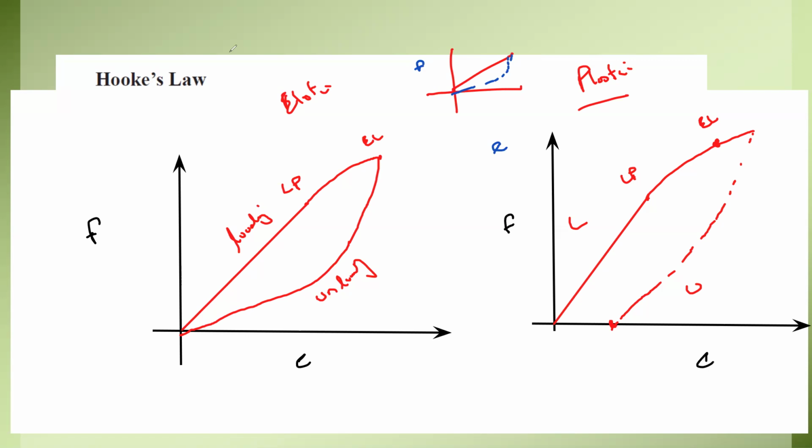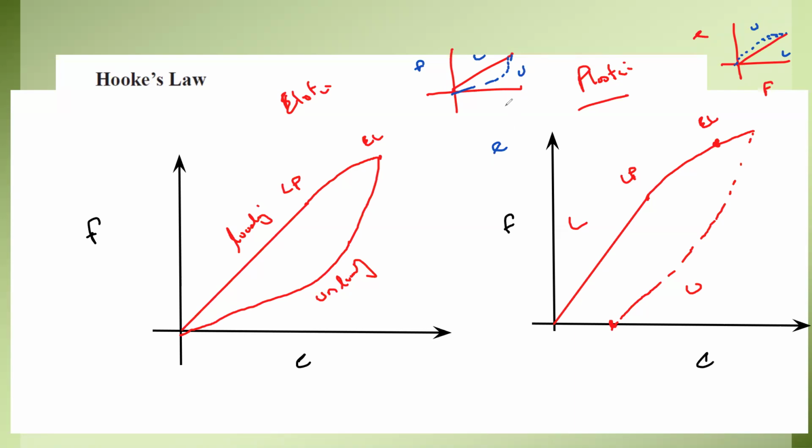If you have a graph with extension and force, then the line should be above the original line. So it is closer to the extension axis. This will be unloading, this is loading.